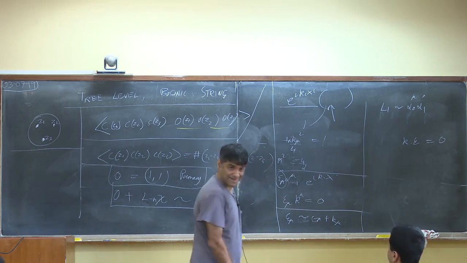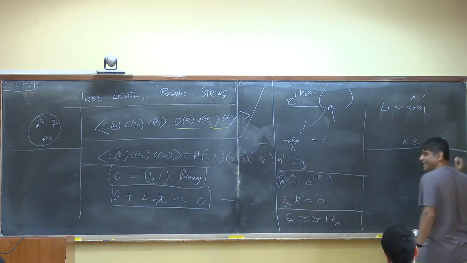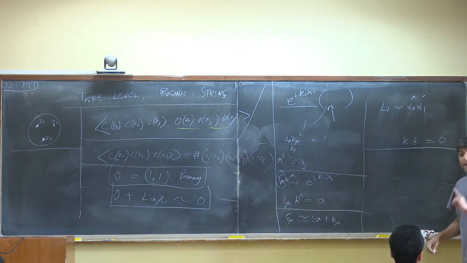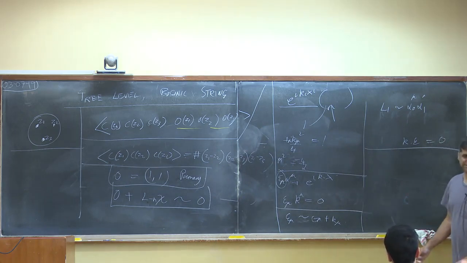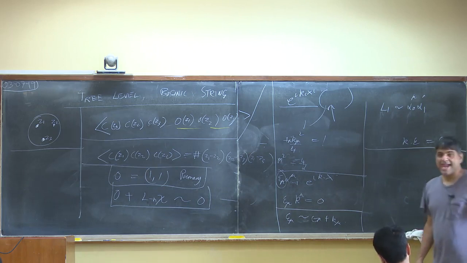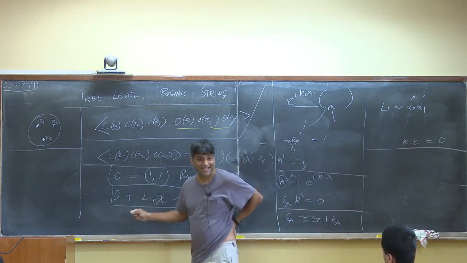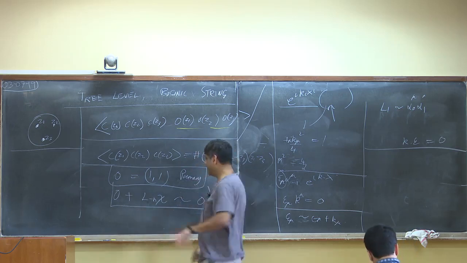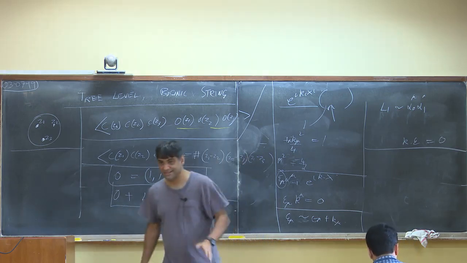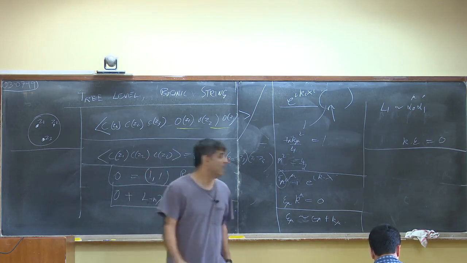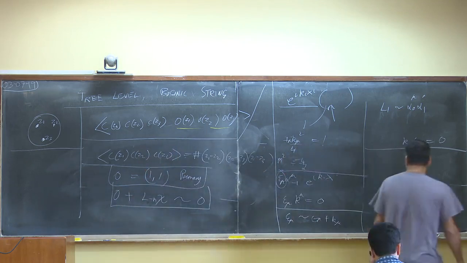Okay. On the other hand, the condition that L minus 1 acting on anything produces a BRST equivalent state will give the condition that epsilon and epsilon plus k are the same. How do we see that? We see this as follows.